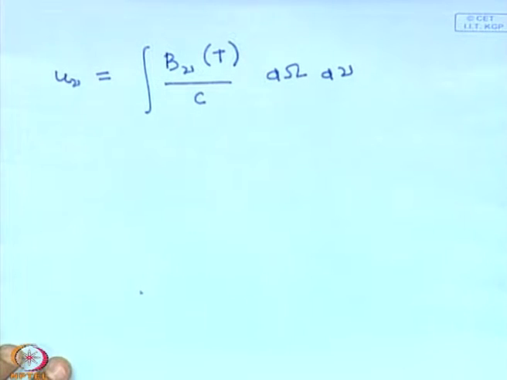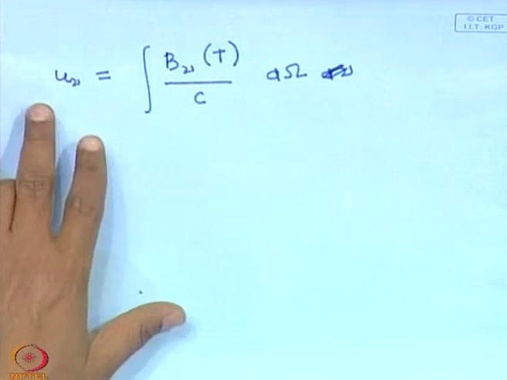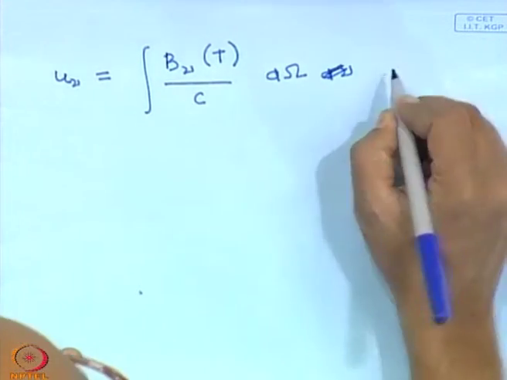The frequency integral we shall do next. So, this gives us the total energy density of the black body radiation contained in rays in all directions, and this d omega integral can just be taken outside.